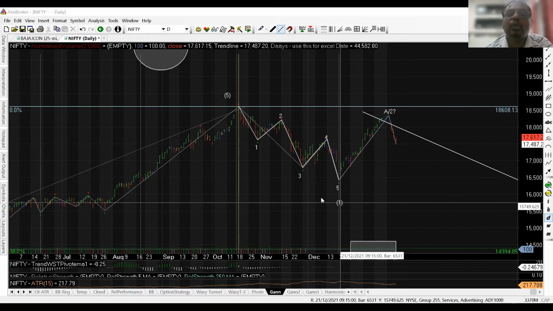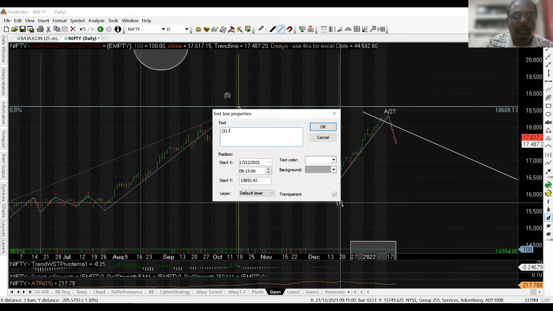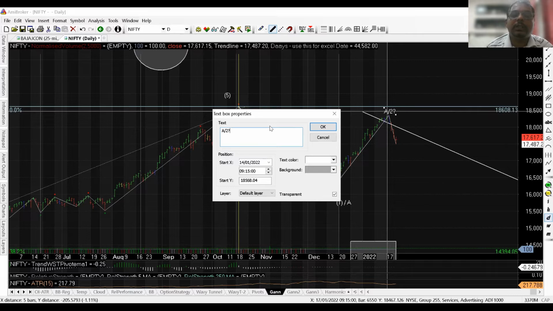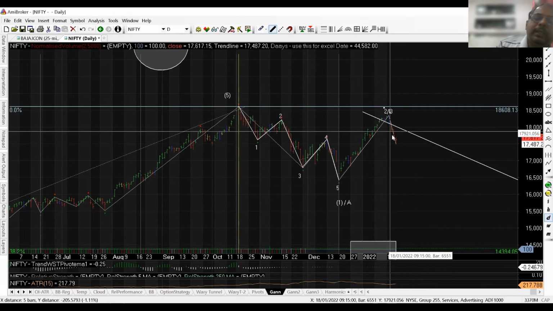And now this could be either a 1 or an A. I'm not very sure whether it is 1 or A. And if it is 1, then this would be 2, or it could be a B. Whether it is 2 or B really depends.